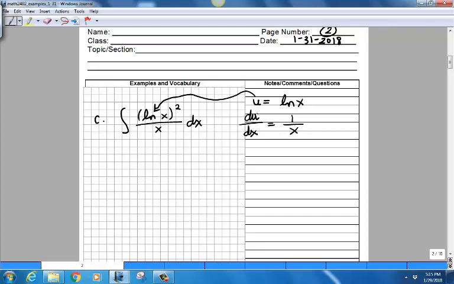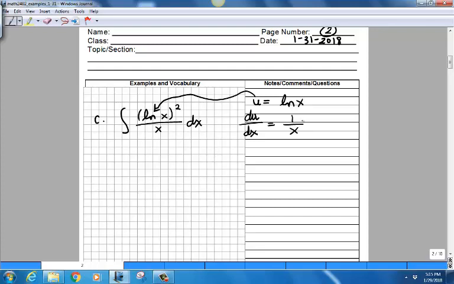So I get du dx is equal to 1 over x. Now, I'm going to treat this equation as though I can solve this equation for dx. So I'm going to treat the left-hand side of this equation as though it were a fraction. It's actually something a little bit different from a fraction, but I'm going to treat it as a fraction, and I'm going to try to solve this equation for dx.